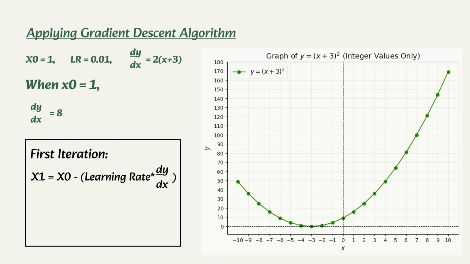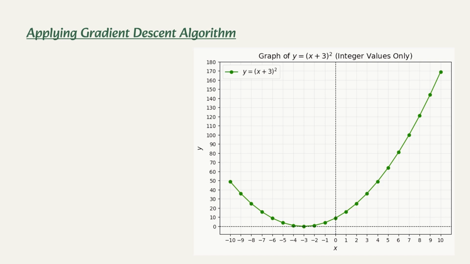This is the equation to calculate the first iteration using the gradient descent algorithm: x1 equals x0 minus learning rate times gradient value. x0 equals 1, learning rate is 0.01 and gradient value is 8. When we calculate this, it becomes 0.92. Great! We have taken our first step down the hill.